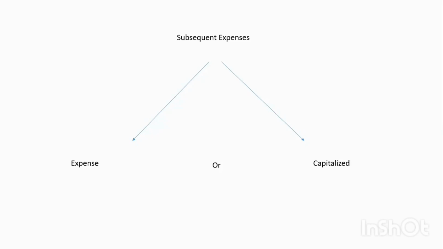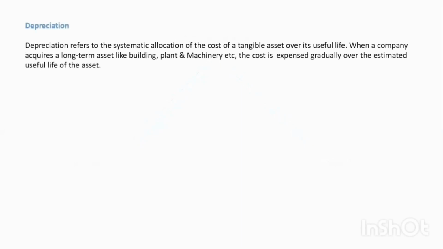For instance, I have a motor vehicle and I decide to change the whole engine of the motor vehicle. That is an expense that is capital in nature, and I will want to capitalize that cost instead of expensing the cost, since it's going to improve the working condition of the motor vehicle and also increase the useful life of the motor vehicle.